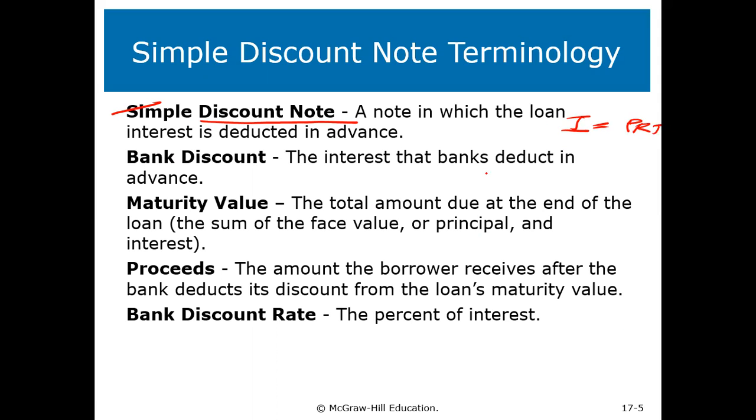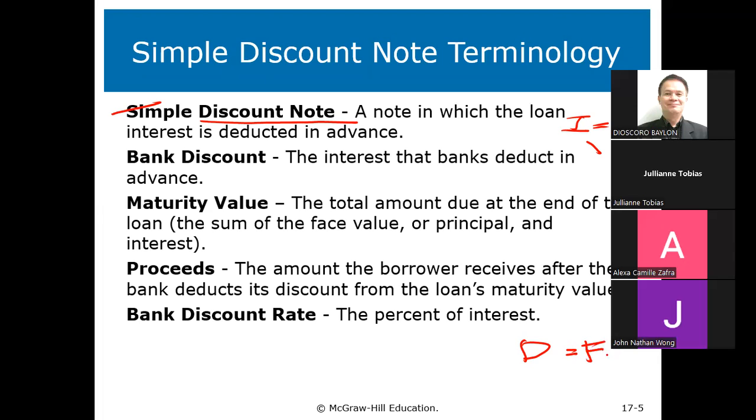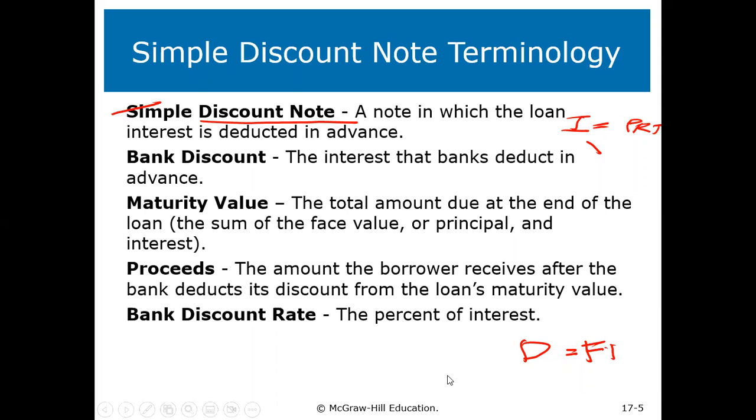Here, the discount is simple: it's the face value times the discount rate times time. So it's similar to computing interest, which is principal times rate times time. So discount is the face amount times the discount rate times time. That's why it's simple.